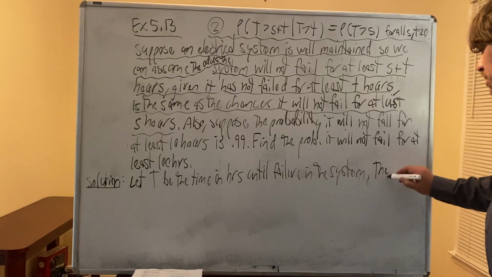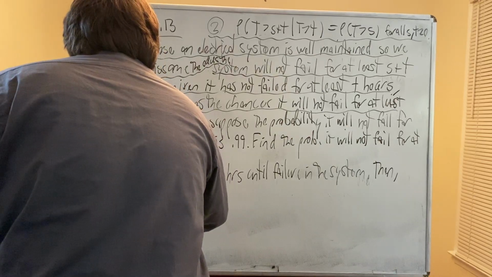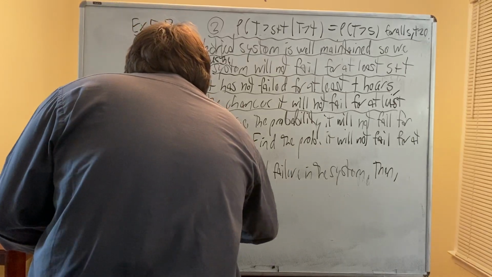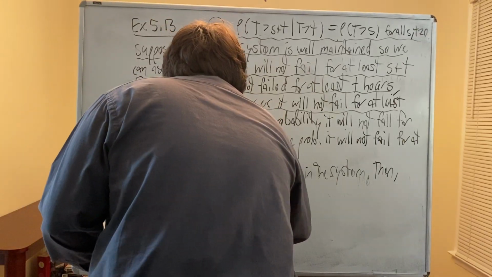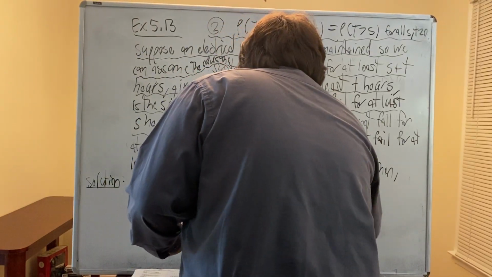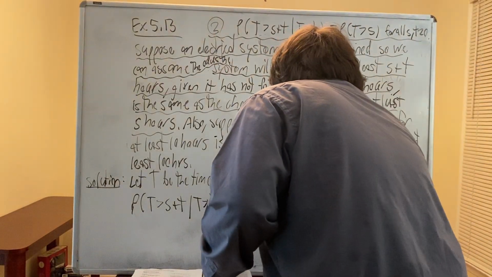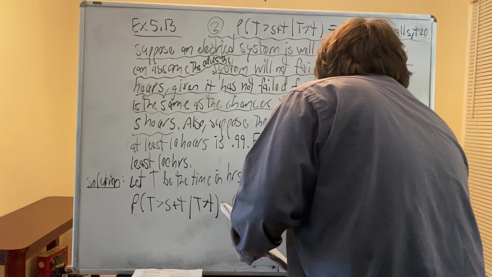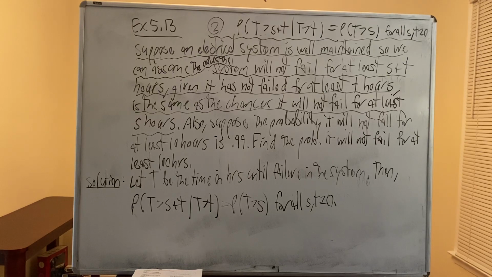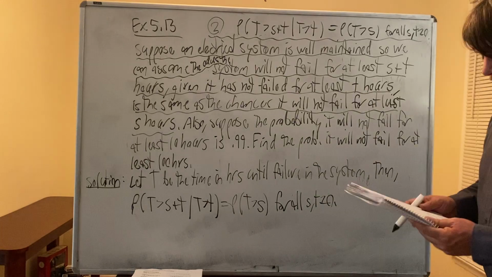Then the probability that capital T is greater than s plus t, given that capital T is greater than little t, is equal to the probability capital T is greater than little s, for all s, t greater than 0.